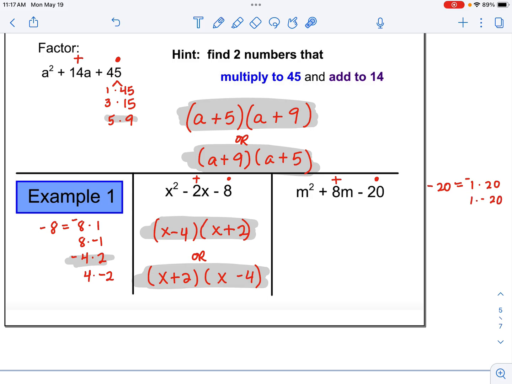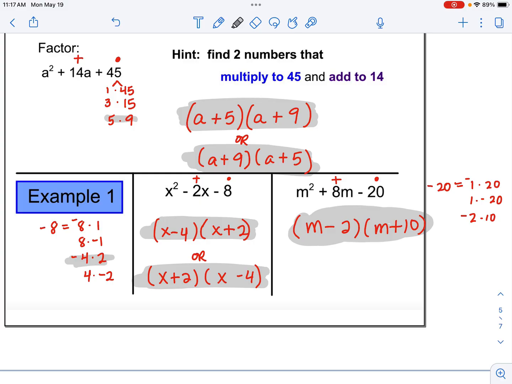Neither one of those adds up to positive 8, so I keep checking. 2 times 10, if I make the 2 be the negative, negative 2 times 10 is negative 20, and negative 2 plus 10 is positive 8. So it factors into m minus 2 times m plus 10.